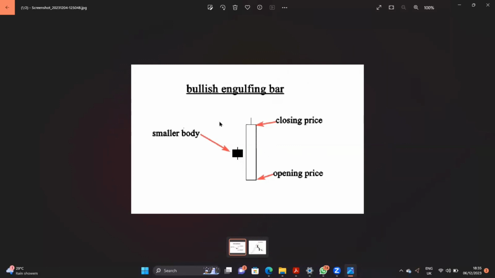The inverse of that formation is just going to be a small bearish candle and a long bullish candle.